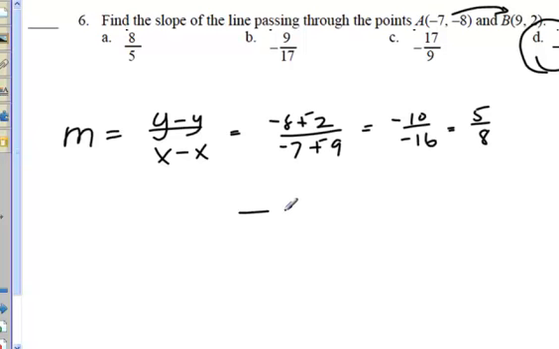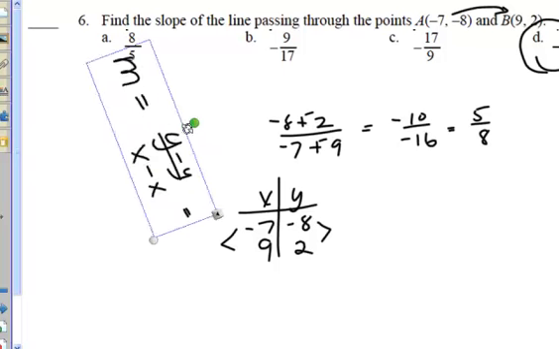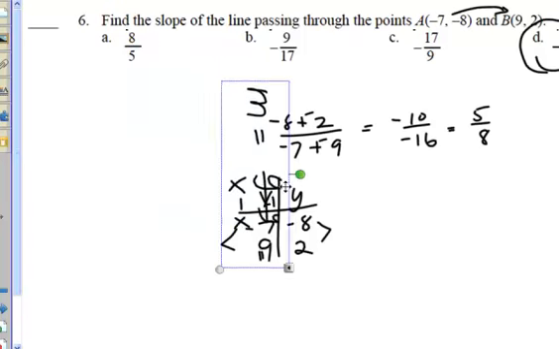Now the other method was to make a function table and put these coordinates in the function table and then find the slope the way we learned here, which is just find the difference between y minus y, x minus x. So that's really all you're doing, okay? You're taking this, y minus y, x minus x in the formula, and you're just writing it a different way, like that.